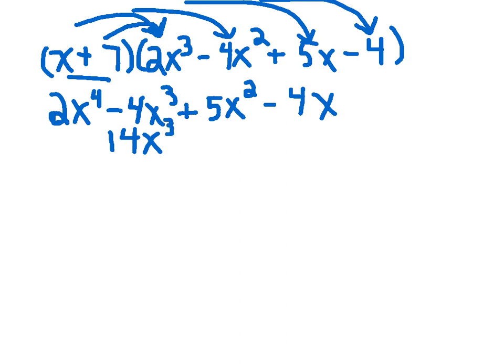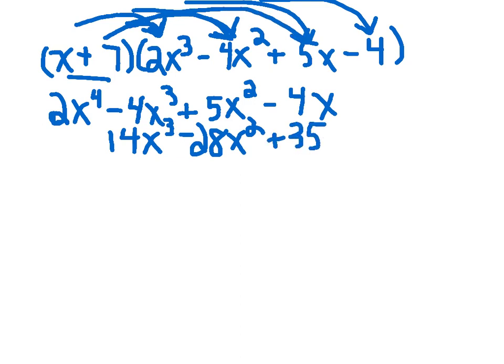Just like if we were adding tens, we would put tens over tens and hundreds over hundreds and so on and so forth. So I would encourage you to do this with the longer problems. 7 times negative 4x squared is negative 28x squared. 7 times 5x is 35x. And 7 times negative 4 is negative 28.